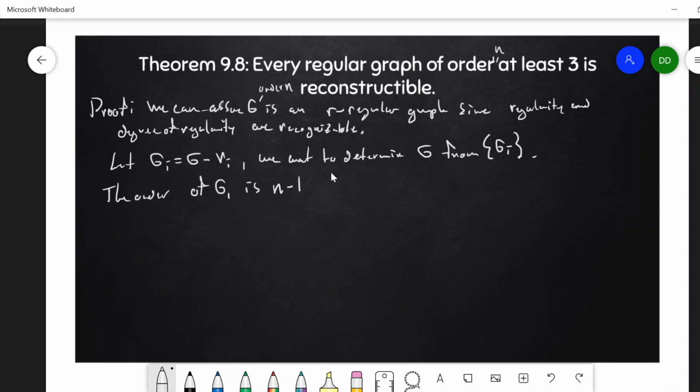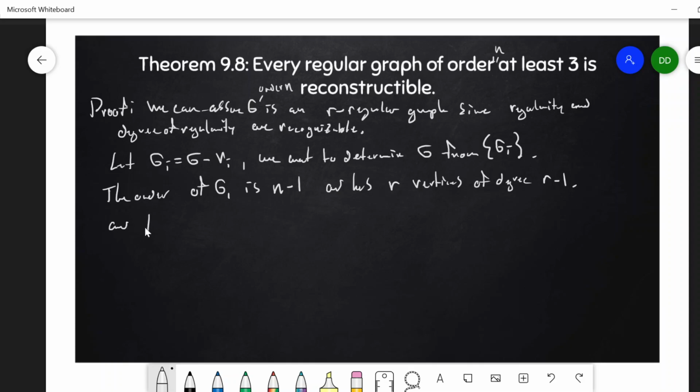Since V1 was adjacent to R vertices in G, G sub 1 has R vertices of degree R minus 1, because we'll have removed 1 from each of these by deleting V sub 1.